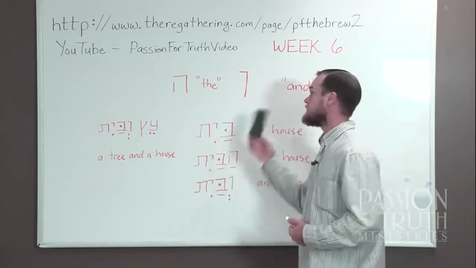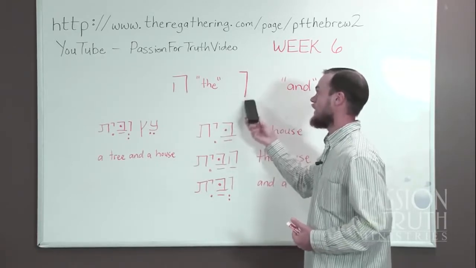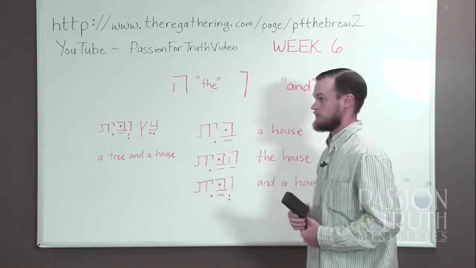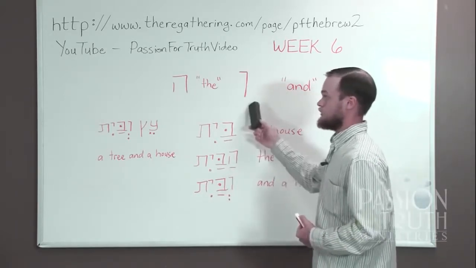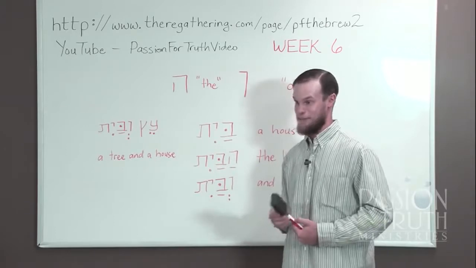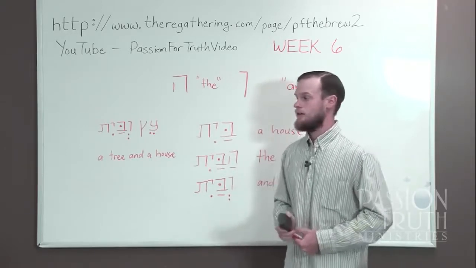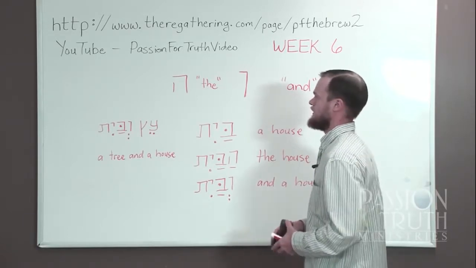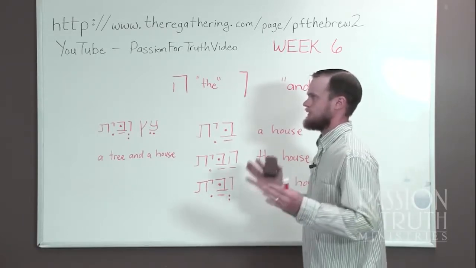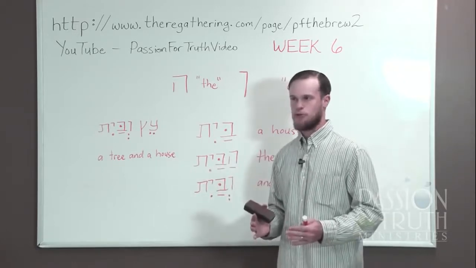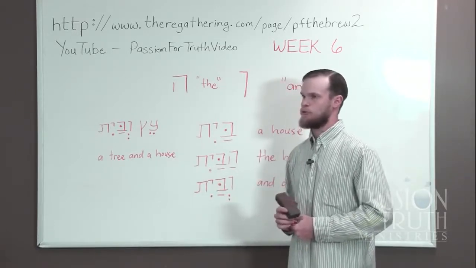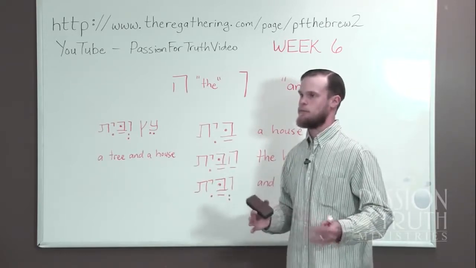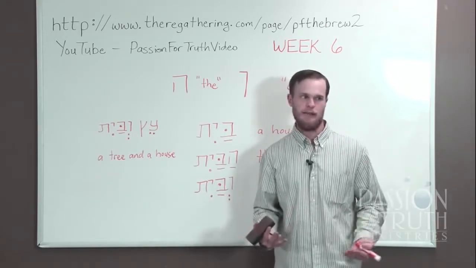The vav is the most common letter in the scriptures. You see a vav more than any other letter, and the reason for that is because it's used as 'and' so many times. It doesn't always mean 'and' in an absolute sense. Sometimes it's just used as a general conjunction, connecting one idea to another, but perhaps not with the same force as the English word 'and'.